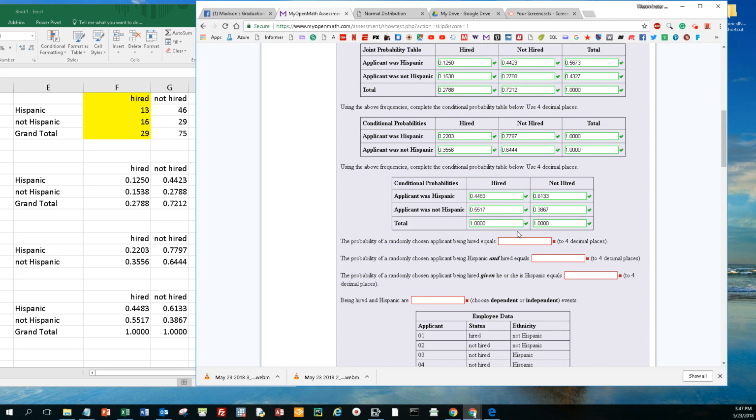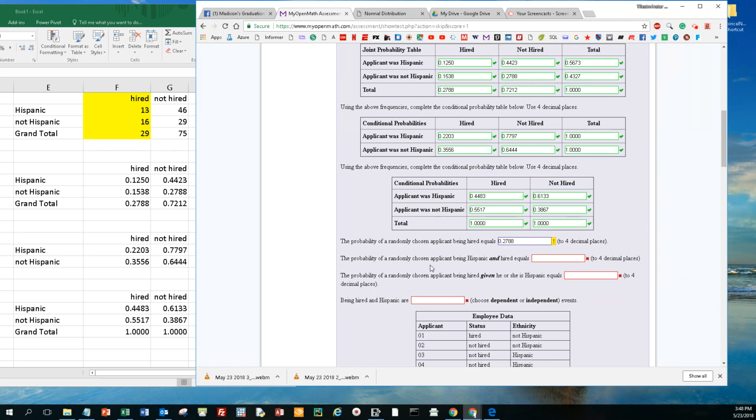Now, down here, we're going to answer this question using the tables we just completed. The probability of a randomly chosen applicant being hired is what? Right there. That's the probability that a randomly chosen applicant is hired. And "and" means joint probability.